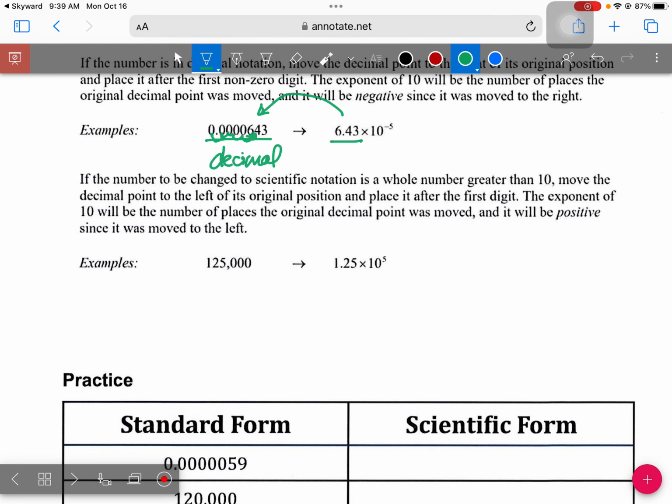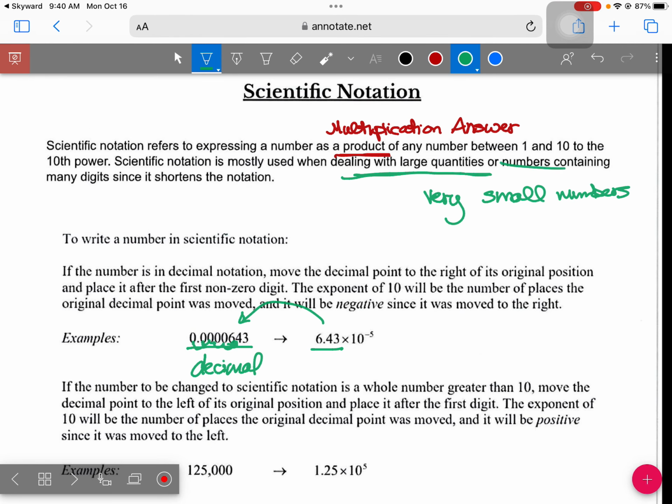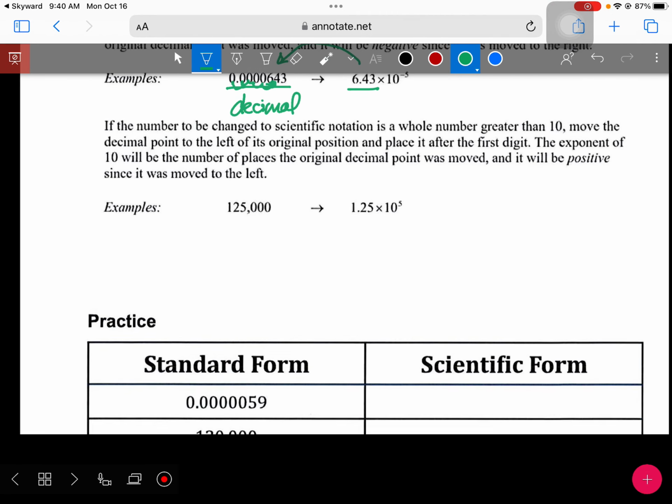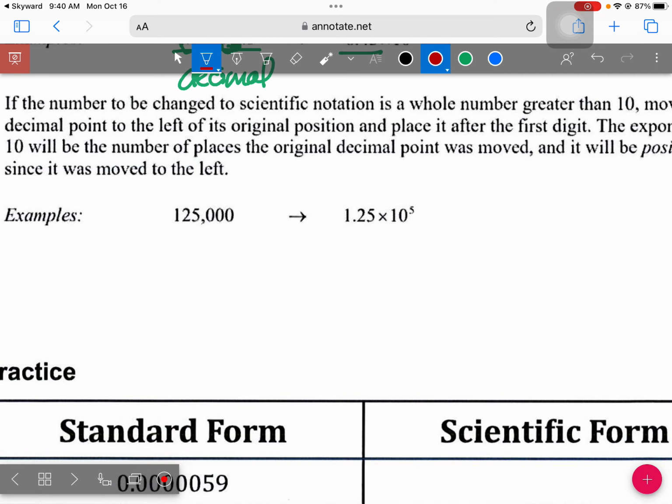If the number is to be changed to scientific notation and is a whole number greater than 10, move the decimal point to the left of its original position, placing it after the first digit. So again, the key here is we want a number between 1 and 10. With 125,000, I have to put it after the first number.